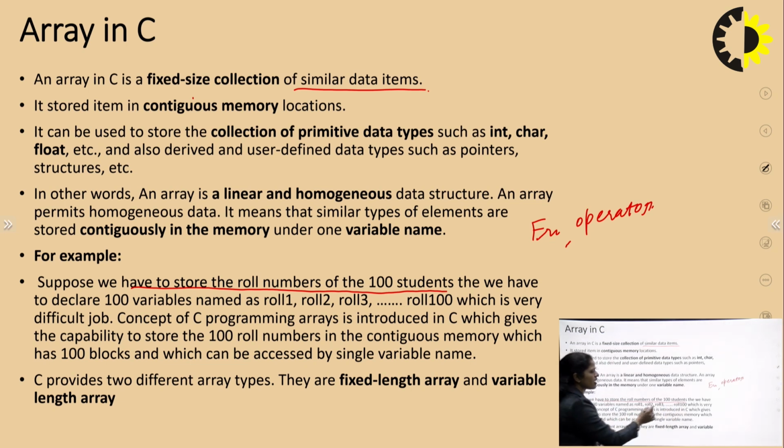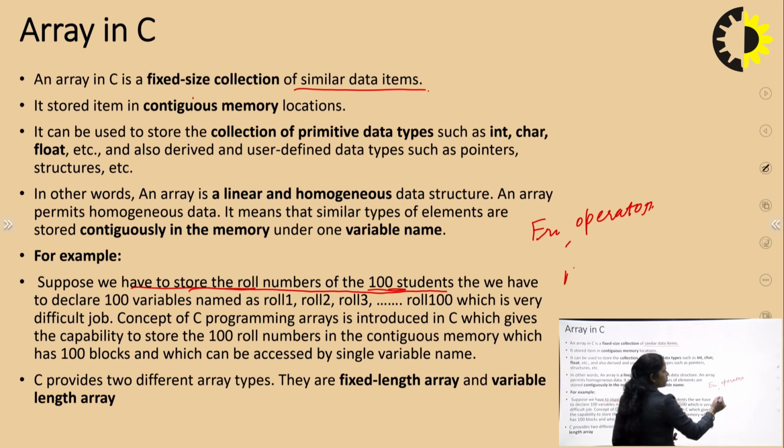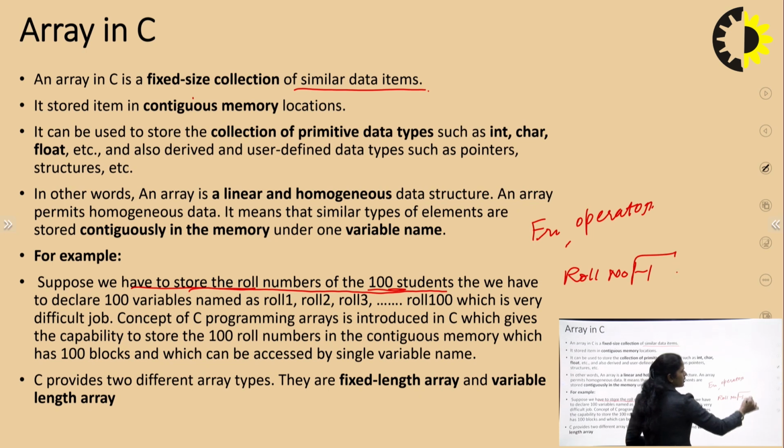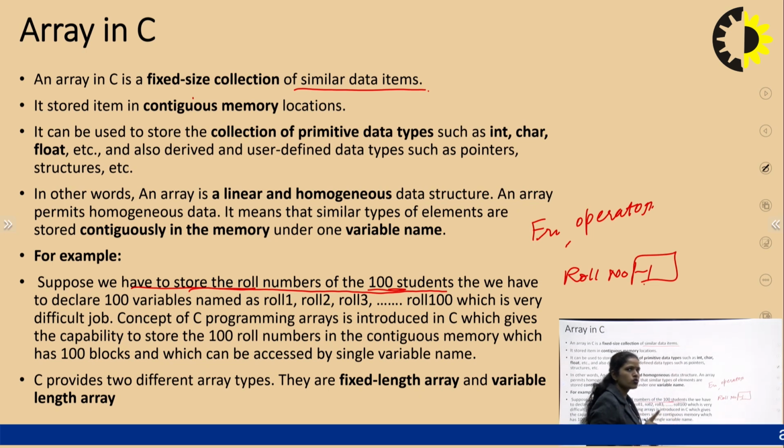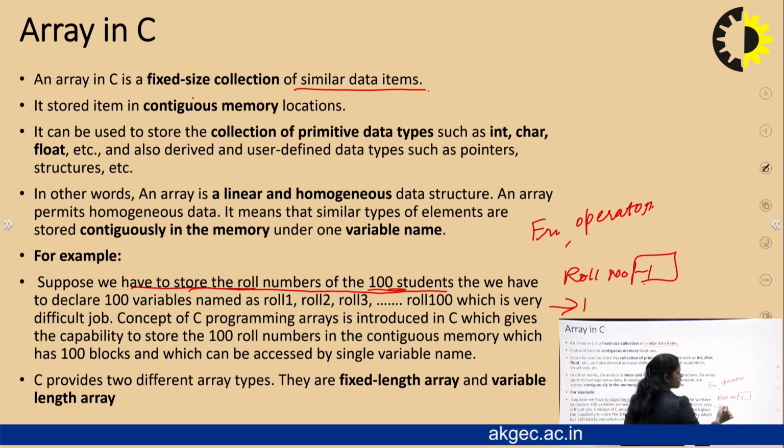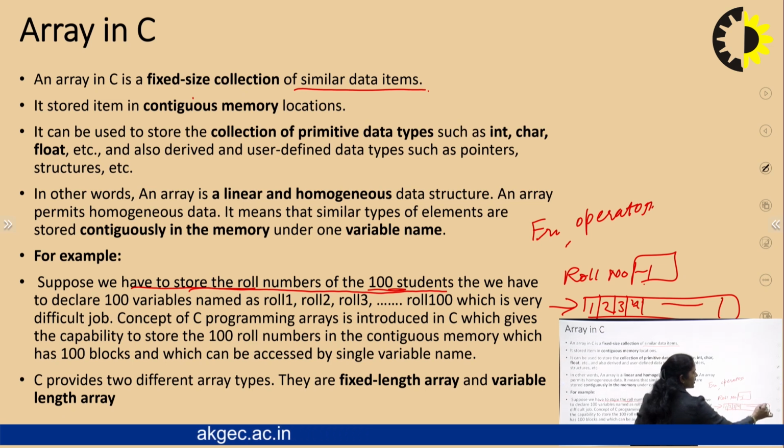In a general way, we store roll number 1, then roll number 2, then roll number 3, then roll number 4, up to 100.